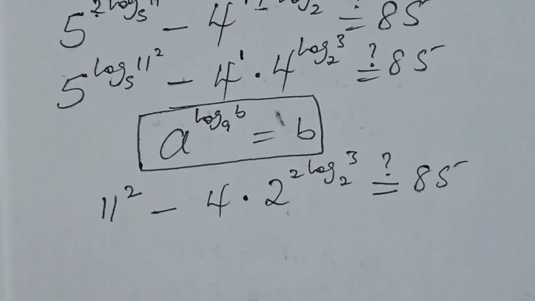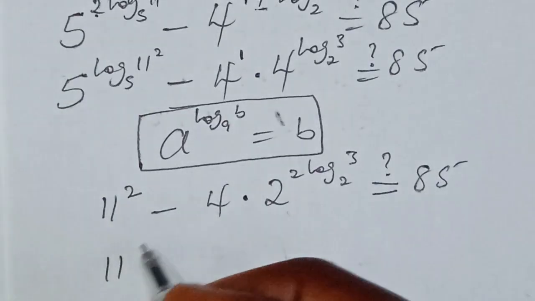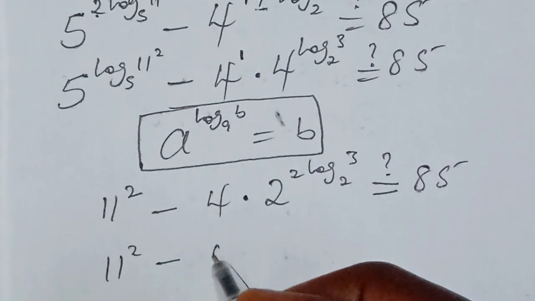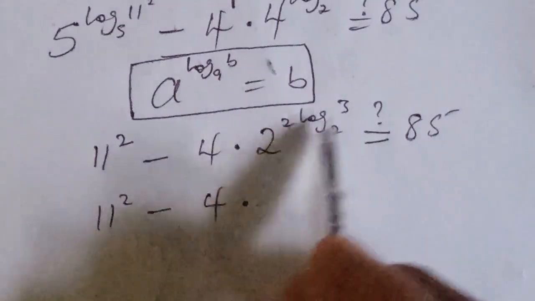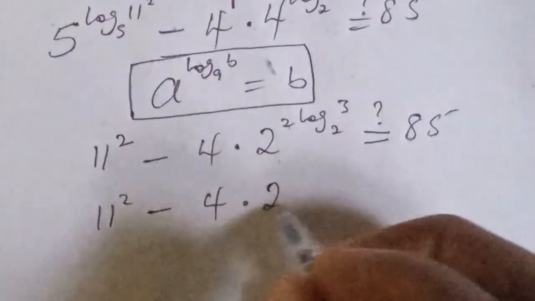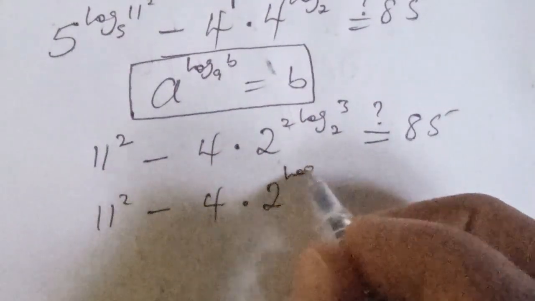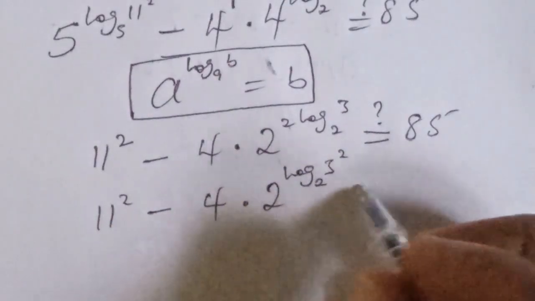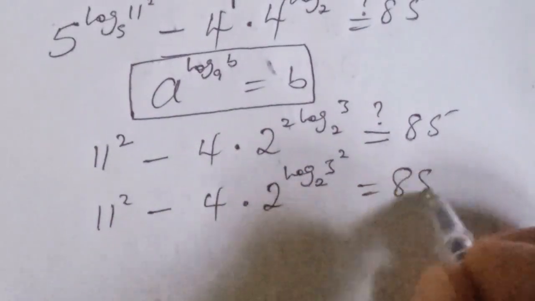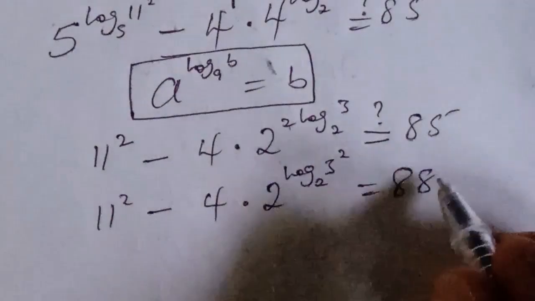Would that be equal to 85? So 11 raised to power 2 minus 4 multiplied by this 2 moves to the power. We now have 2 log base 2 3 then power 2 equal to 85.